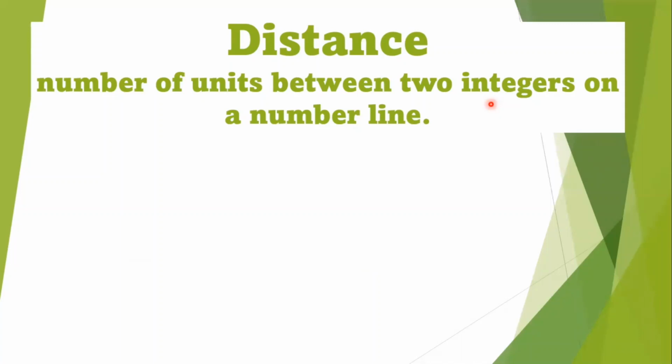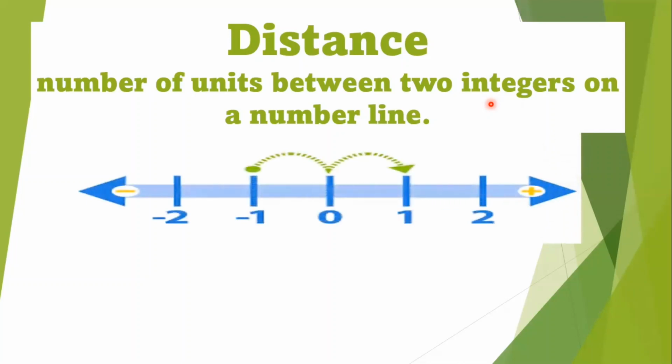Now, let us focus on this new number line para ma-discuss natin ang distance. So, kung napapansin nyo, ang number line natin ay nagpapakita ng distance ng dalawang numbers. Okay? Halimbawa, we have the negative 1.